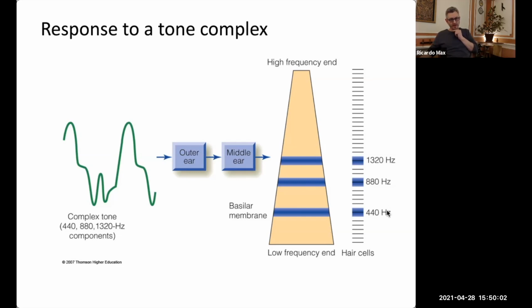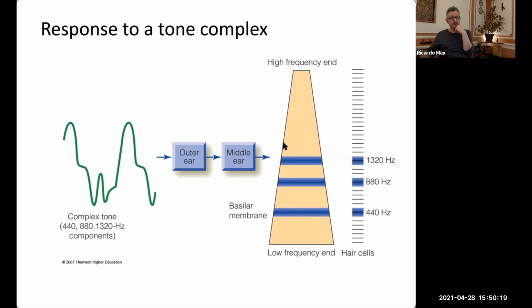So for the lower tones, the highest amplitude is reached towards the apex, and for the higher frequency, it's closer to the base.